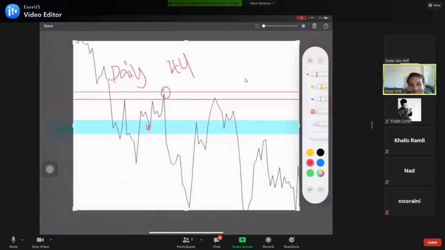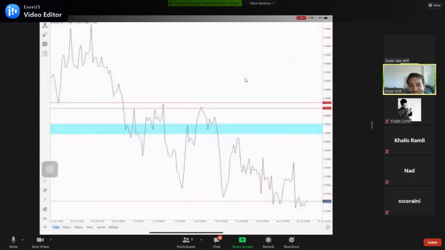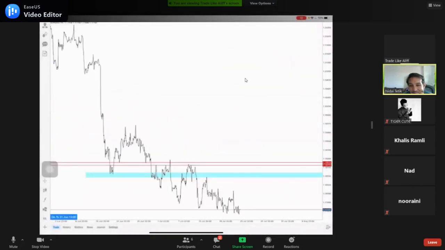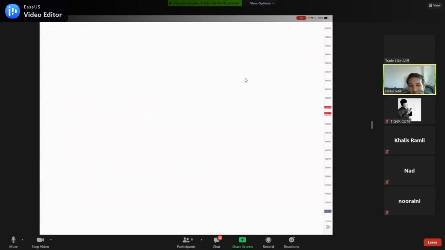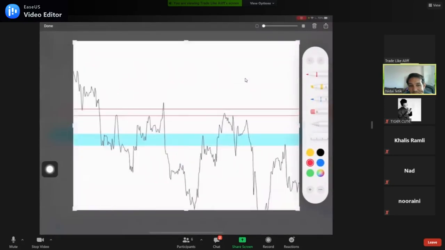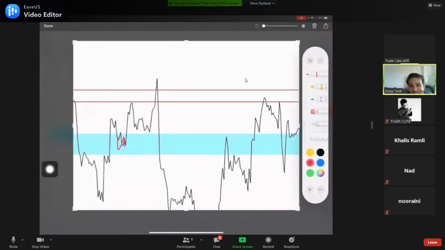So now you have an H4 breakout. Where to entry? You go to H1. So H1, you have a breakout here. Breakout. You go above it and look for big movement. You have one here. You have one here.